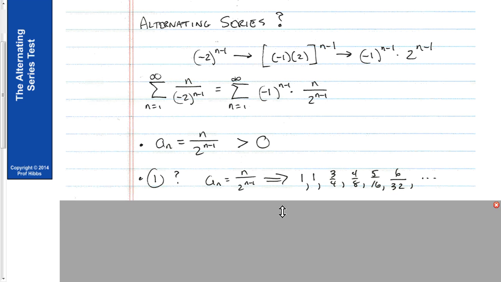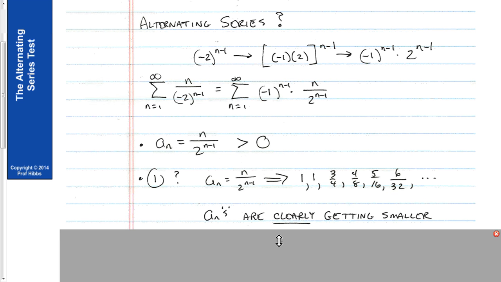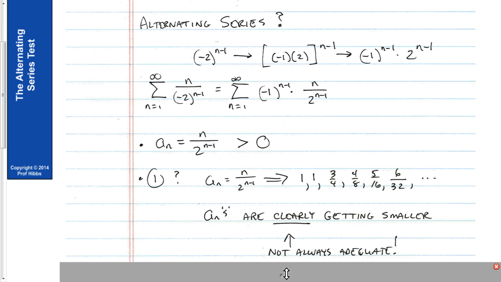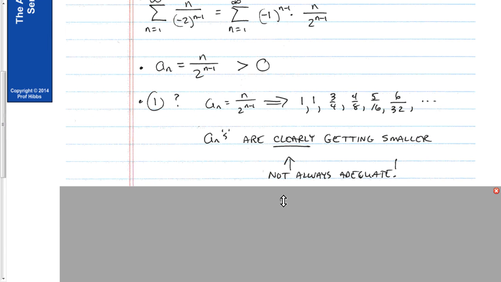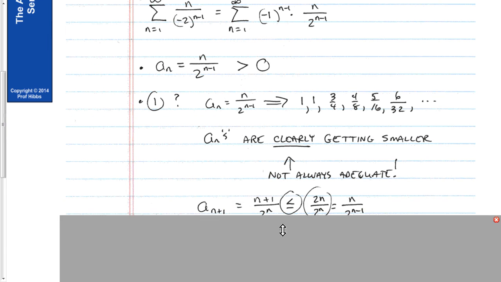So these, I'm going to say, because I see this pattern, are clearly getting smaller. The a sub n's are clearly getting smaller. But we understand that this is not always adequate. We've looked at several examples where we might not be able to tell that. But here it's pretty clear, there's not really a question, these are in fact getting smaller. Okay, just because of the pattern.